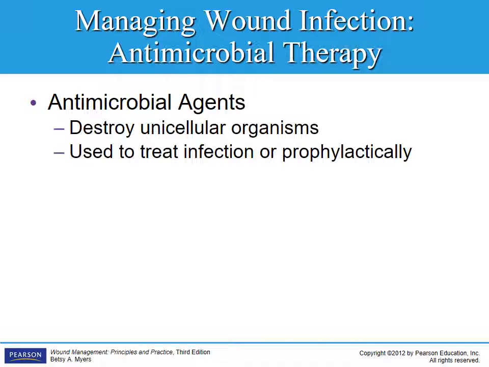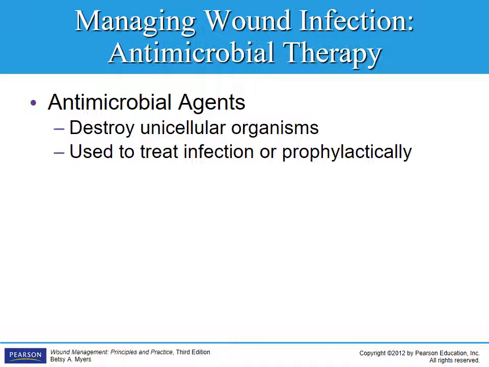When you're looking at antimicrobial therapy, what these antimicrobial agents do is destroy the unicellular organisms, and you can use them to treat an actual infection. Many times a lot of these antimicrobial therapies are used prophylactically.